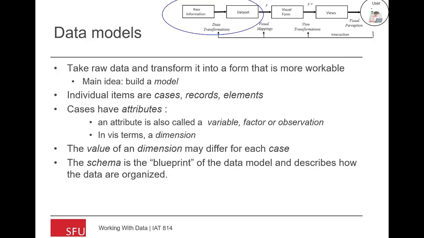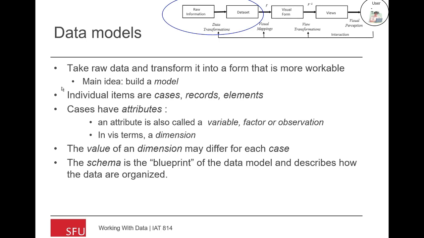So the next thing I'd like to talk about is the first stage of transforming raw information into a data set. I've given this a general title of data models. What that means is to take raw data and transform it into a form that is more workable and suitable for a visualization system.